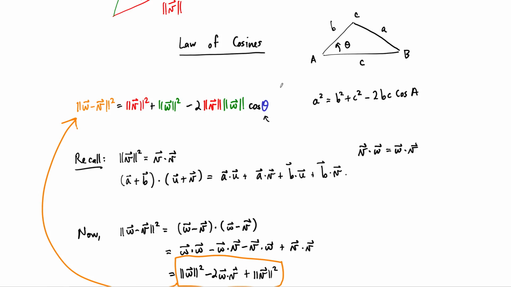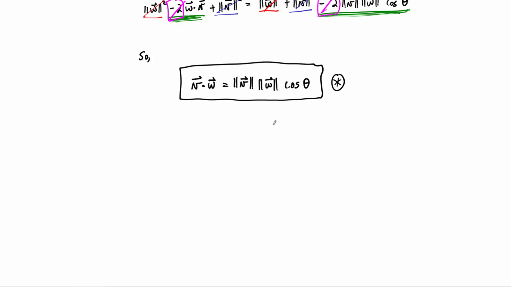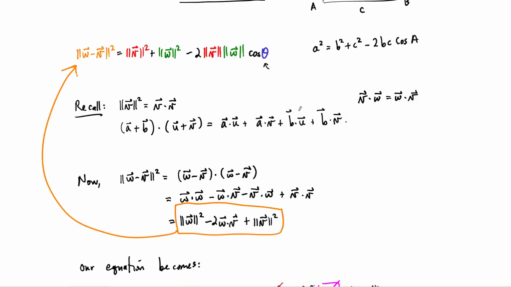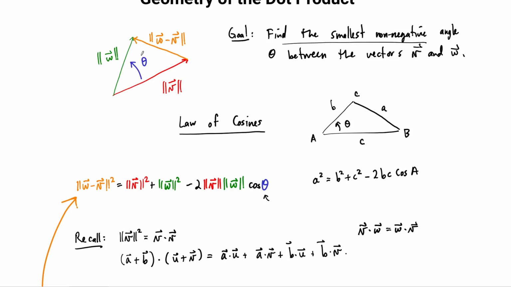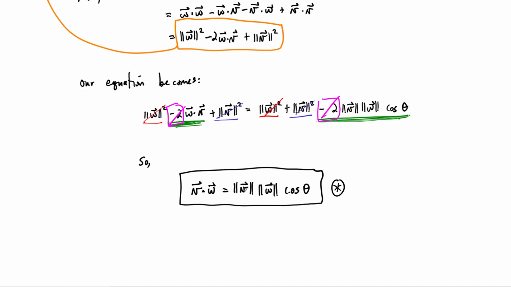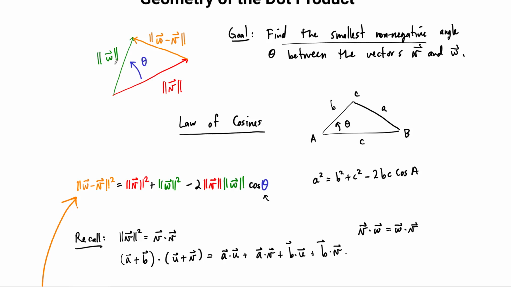We want to find theta. So from here, we have to rearrange using algebra and solve for theta. It's not too much work, though. By the way, this formula always works, although you have to be careful, right? What I should have assumed here is that I drew two vectors, neither of which was the zero vector.